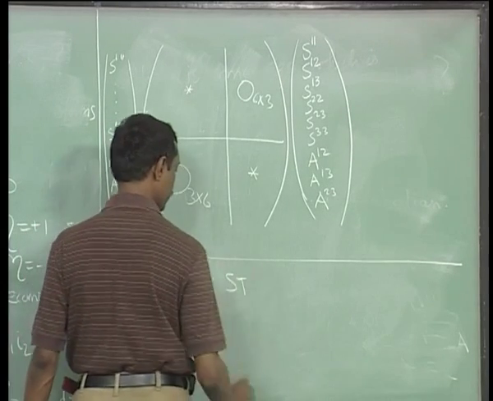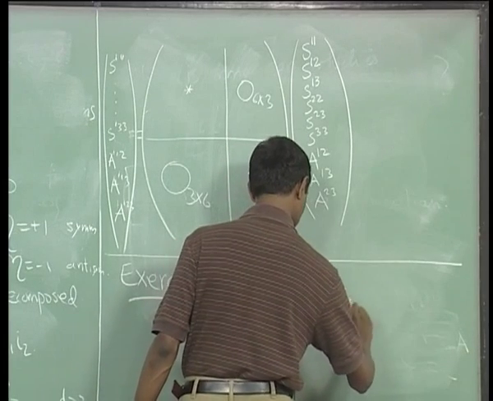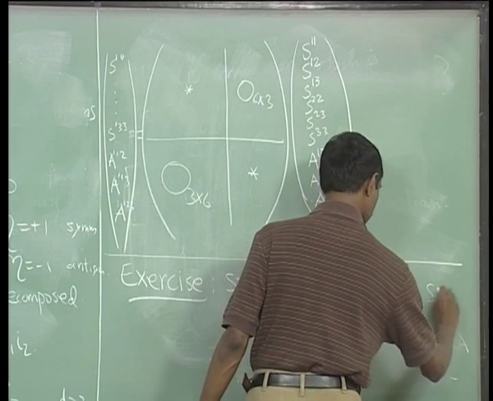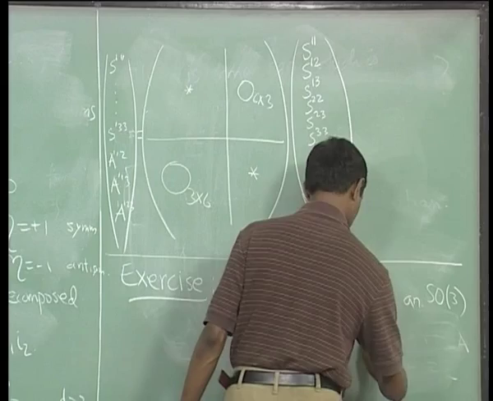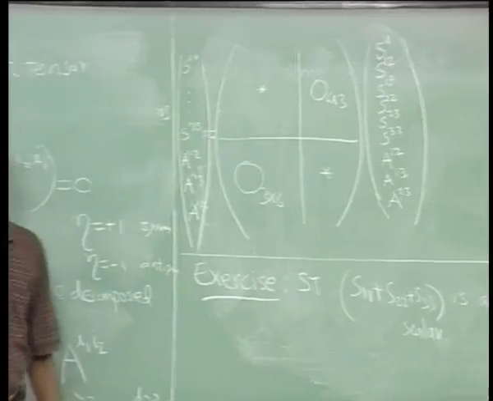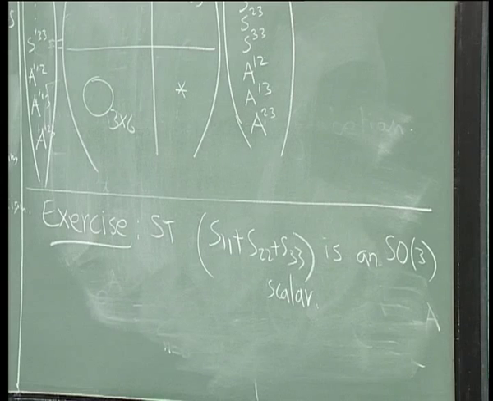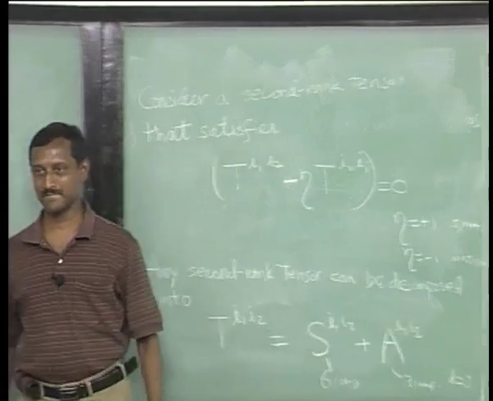Show that the trace is an SO3 scalar. Okay. So, you can break this up into a symmetric traceless part, a trace part, and this thing.